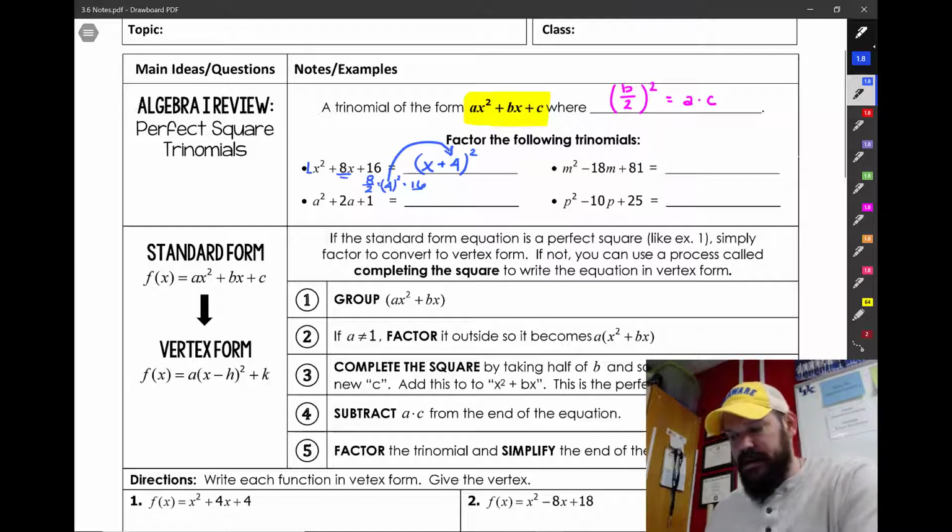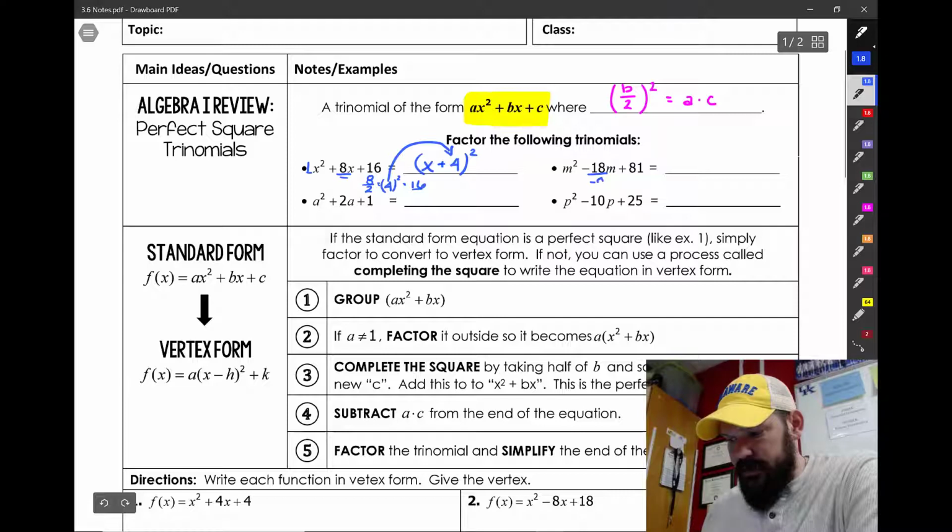You're going to see that again on this next example here on the right, where we have m squared, except this time instead of being something plus something else, it is minus and plus. So when we cut negative 18 in half, we get negative 9. When we square negative 9, we get 81.